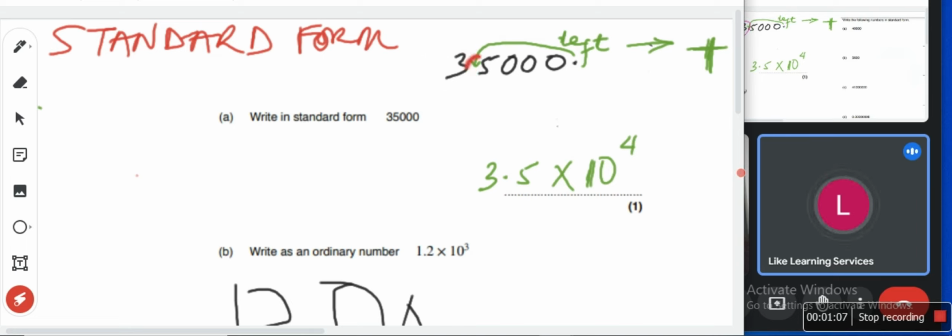You can say behind the first digit. And then you count how many places you moved. 1, 2, 3, 4. We moved 4 places, and we moved towards the left.